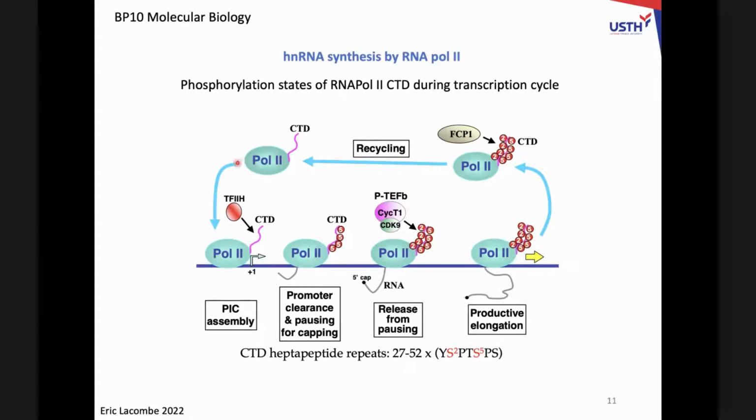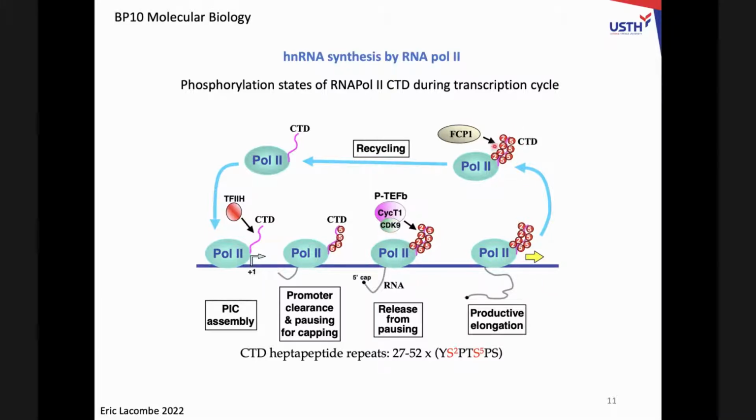So Pol2 inactive joins the promoter, the core promoter, because of the TATA box binding protein. TFIIH phosphorylates and unfolds DNA, transcription occurs, and at the end, and you will see how it happens because I prepared the slide for that, once the polymerase arrives at the termination, the stop of transcription, which is complicated for Pol2, the polymerase is not linked to DNA anymore, so it goes out of the matrix.